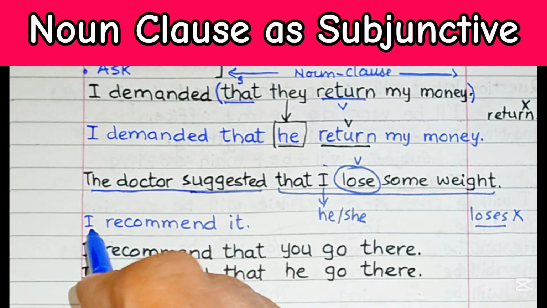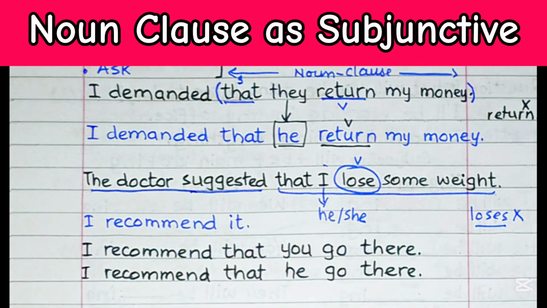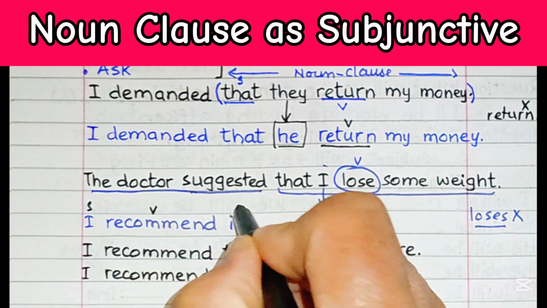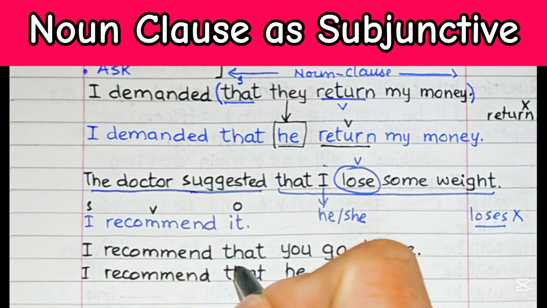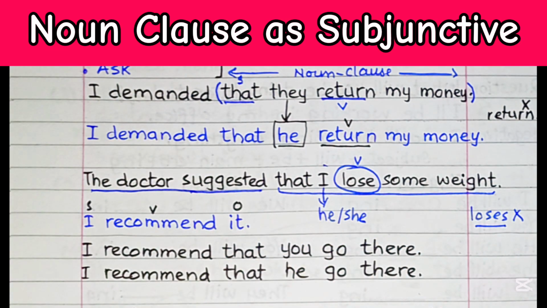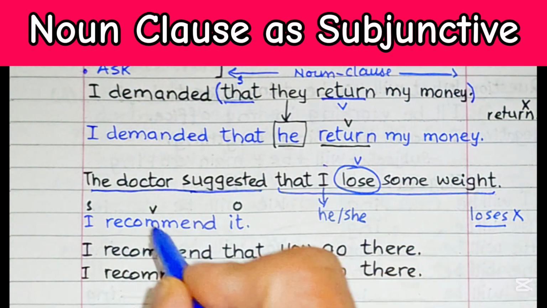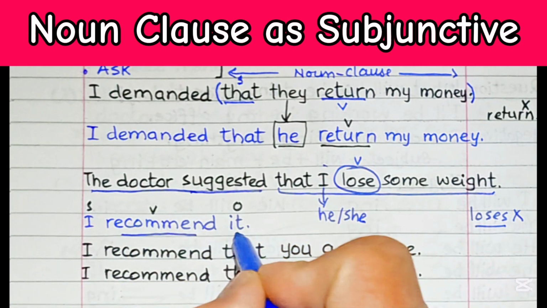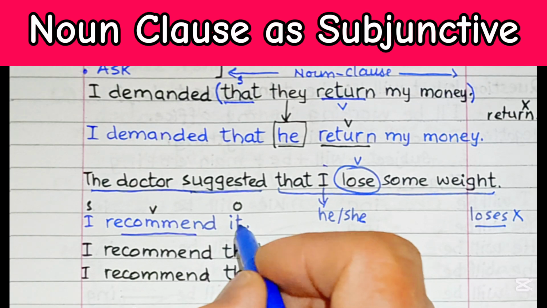Now take this sentence, I recommend it. In this sentence, the subject is I, recommend is the verb, and it is the object.